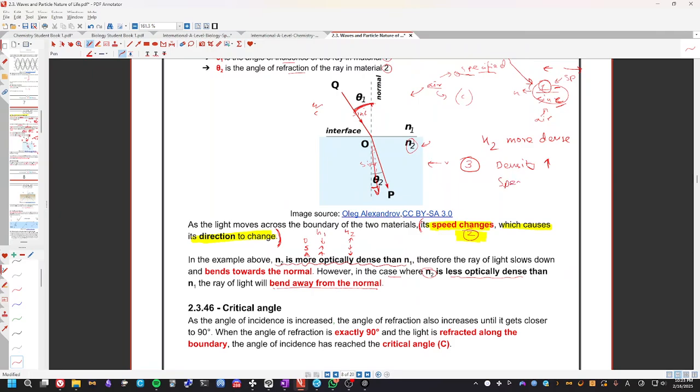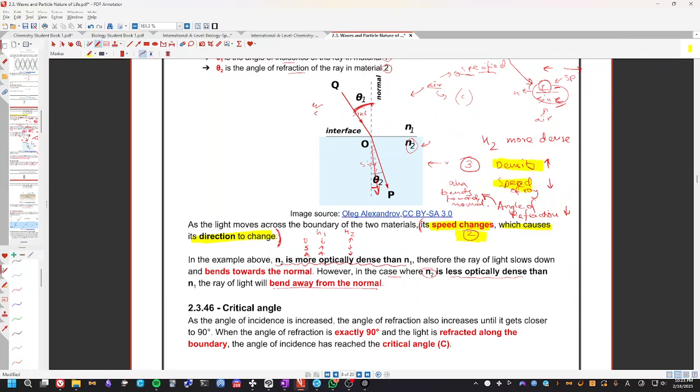Your speed of ray will decrease, and the angle of refraction will decrease, meaning that it bends towards the normal. Okay. So those are just three things that you need to know.